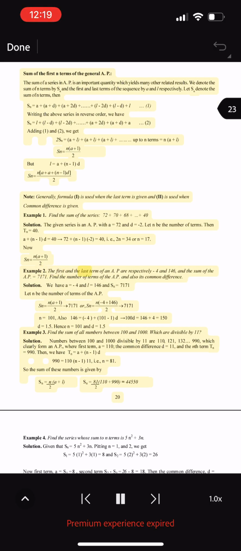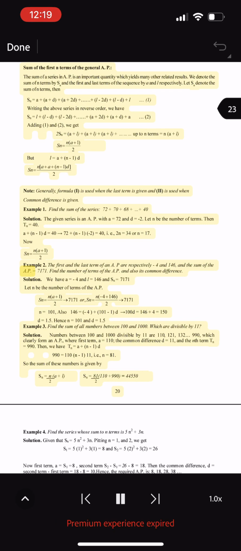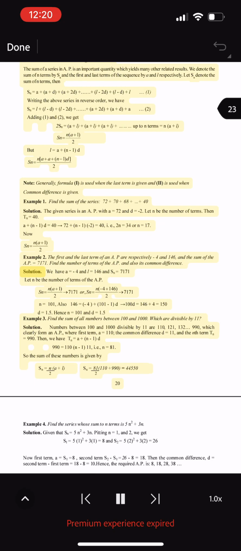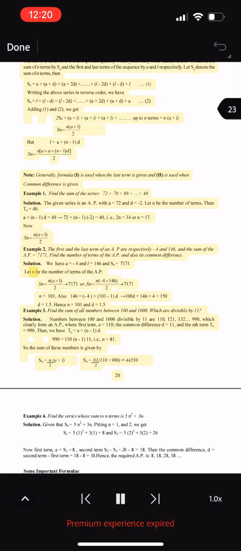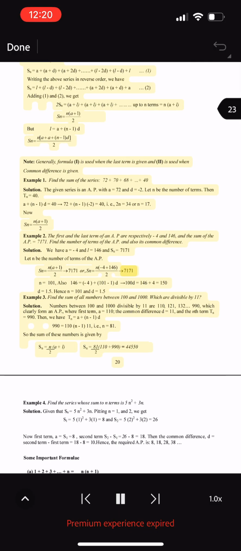Example 2. The first and the last term of an AP are respectively 4 and 146, and the sum of the AP equals 7,171. Find the number of terms of the AP and also its common difference. Solution. We have a equals 4, L equals 146 and Sn equals 7,171. Let n be the number of terms of the AP.